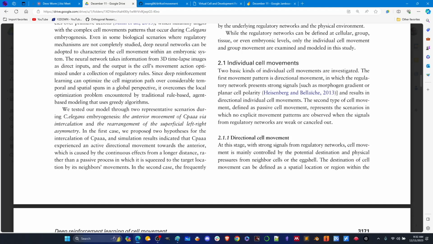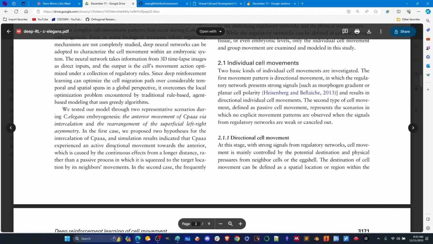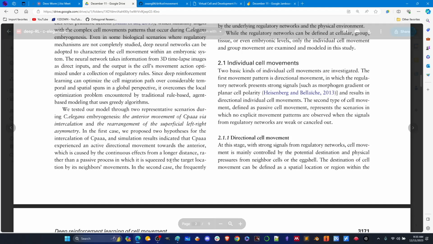In the first case, we proposed two hypotheses for the intercalation of CPAAA, and simulation results indicated that CPAAA experienced an active directional movement towards the anterior. So it's moving towards the head, which is caused by the continuous effects from a longer distance rather than a passive process in which it is squeezed to the target locations by its neighbor's movement.